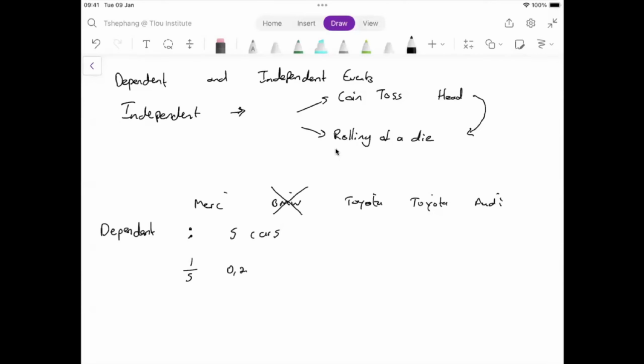What is now the probability of getting a Toyota? That will be 2 over 4, because these are just straight, even if they are different, but the same brand. This is 2 out of 4, and this gives you 0.5. Now, this is only because we took out the BMW.